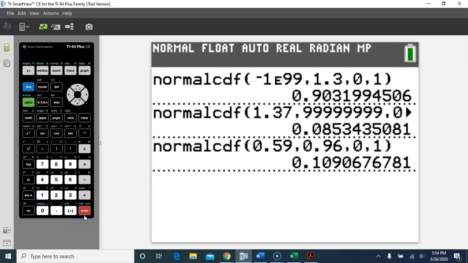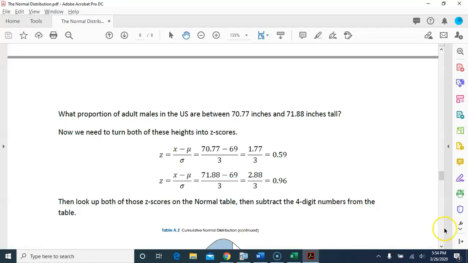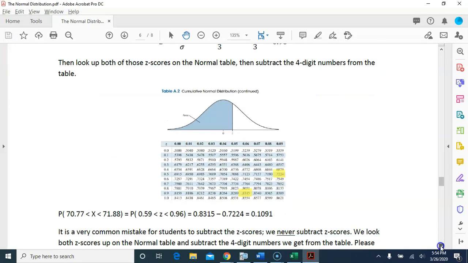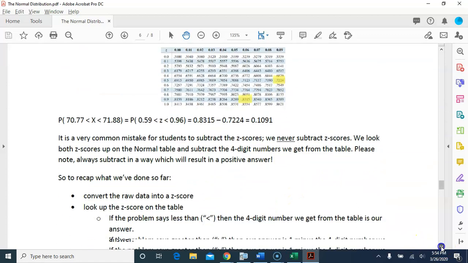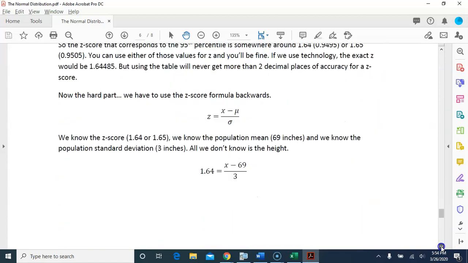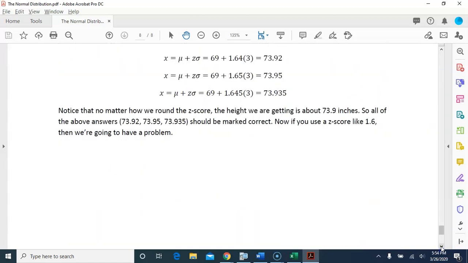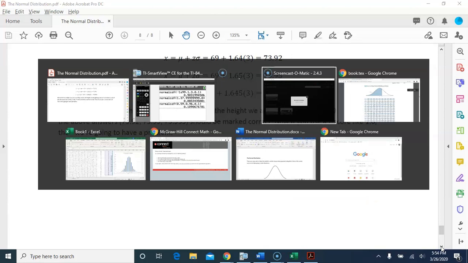And this should give us the same answer, 0.1091, that we got over here when we subtracted the numbers we got from the table. So let's go look at how all of this plays out on a couple problems from the homework.